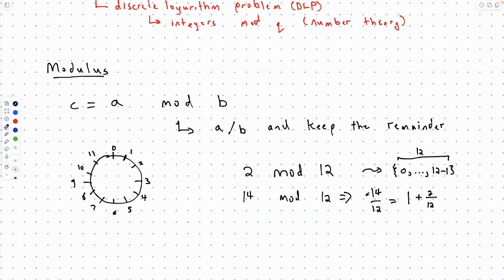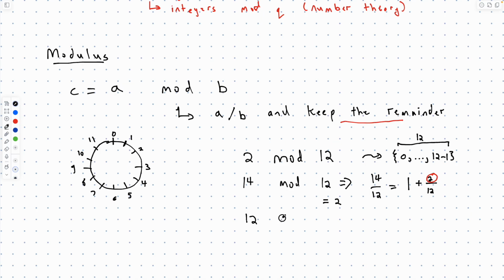So I have 1 whole 12 in there, and then I have 2 remaining. And I'm just keeping the remainder. That's the definition. Keep the remainder. So this number is what I'm keeping, and so this is going to equal 2.